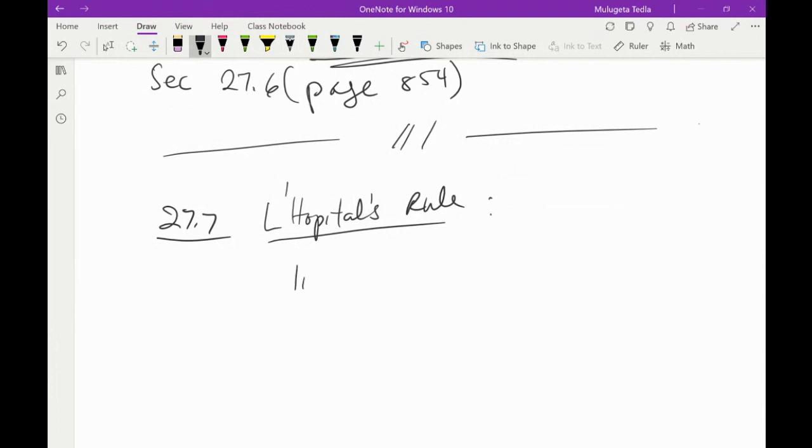So limit of f of x over g of x as x approaches a, if you apply L'Hopital's rule, would be limit of f prime of x over g prime of x as x approaches a.